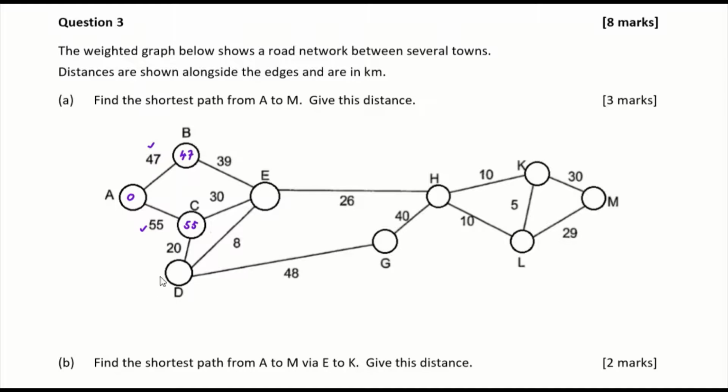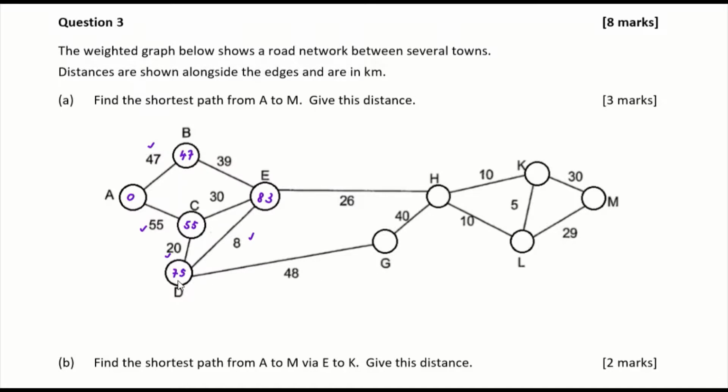When you go through here, it already gives you a bigger number. So the shortest one will be here, which is 75. Okay, so 75 plus 8, 55 plus 30, 47 plus 39. The shortest one is actually here, which gives you 83. Okay, sorry, I forgot this. Alright, so 83. After you get 83, let's move on. For this part to this part, you have only one, either you can do here to here or here to here.